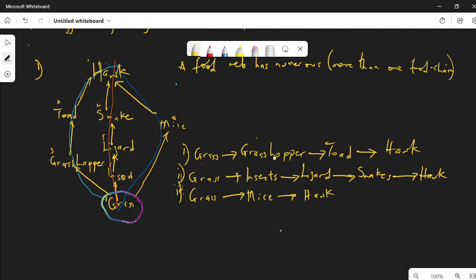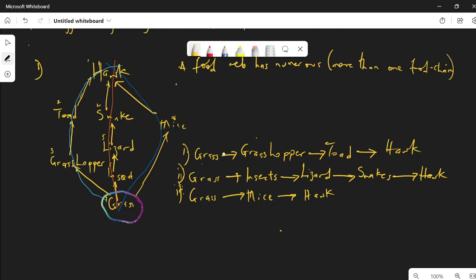When the toad feeds on the grasshopper, the energy that is now residing in the grasshopper will move subsequently into the toad. And when the energy moves into the toad, the energy is transferred into the hawk when the hawk feeds on the toad.